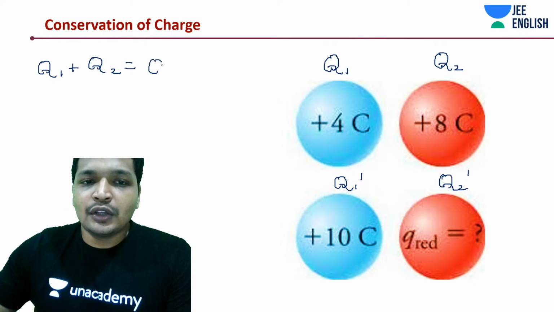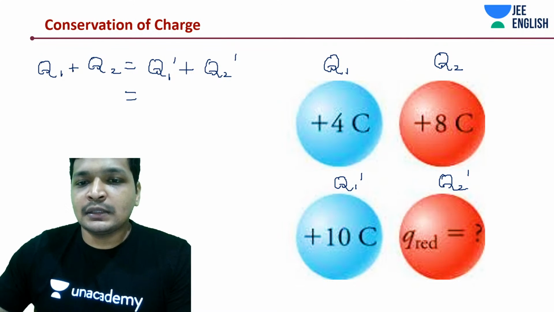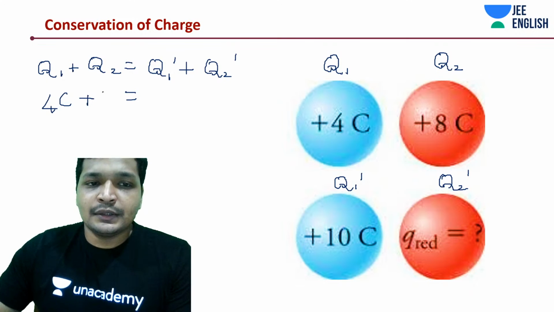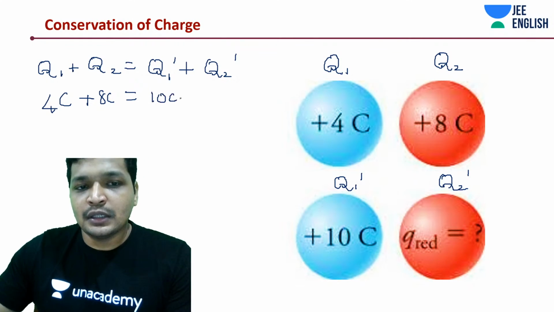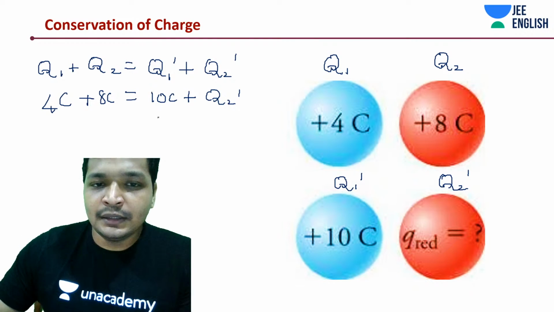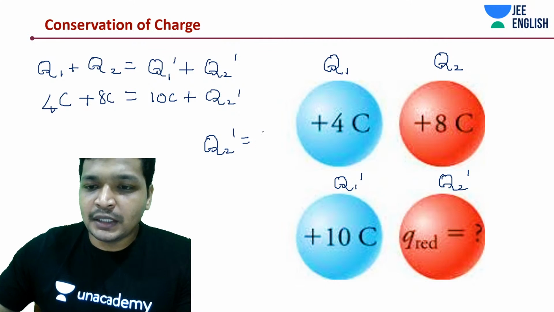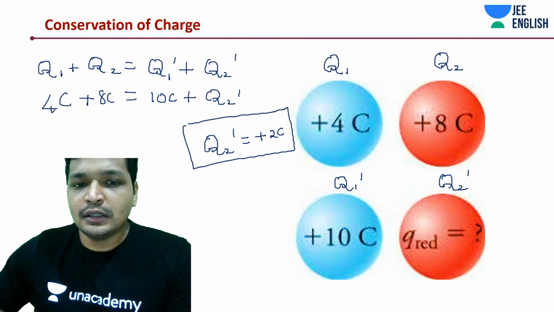Be careful about the signs: plus 4 plus 8 coulomb equals q1 dash, which is 10 coulombs, plus q2 dash. How much should be the value of q2 dash? Basically it's 12 minus 10, so q2 dash should be plus 2 coulombs. All right.